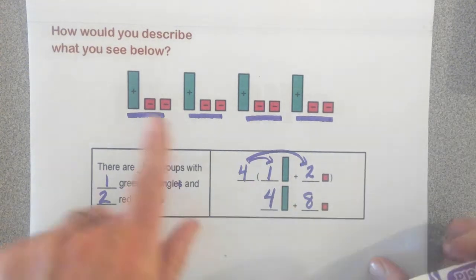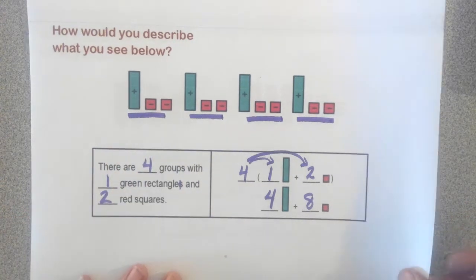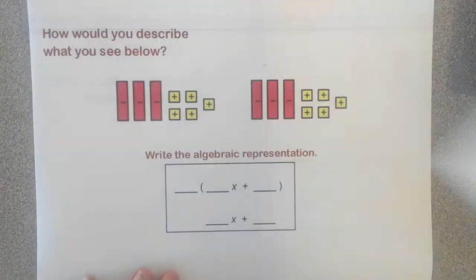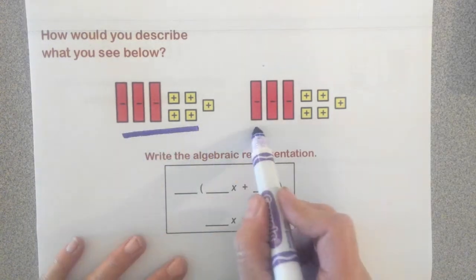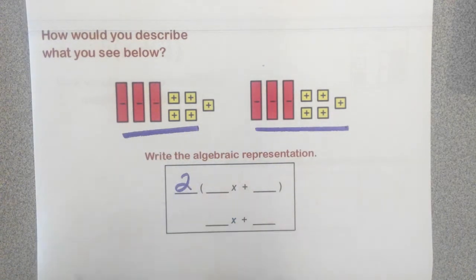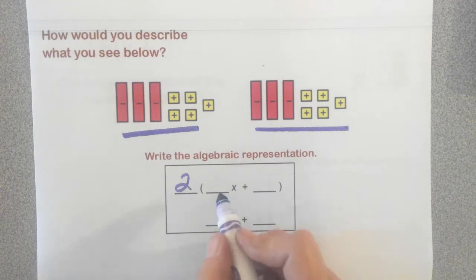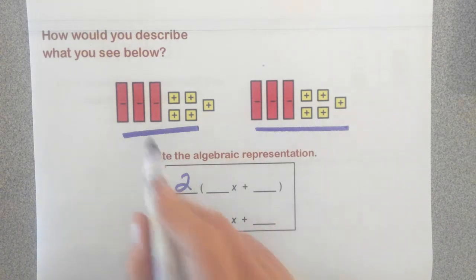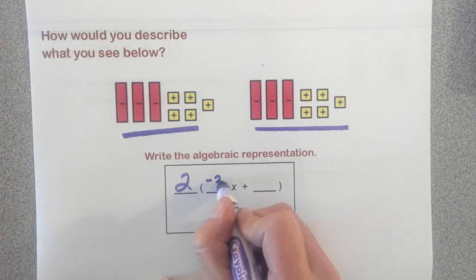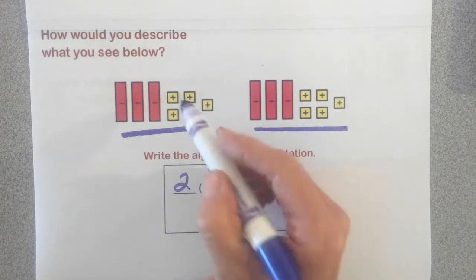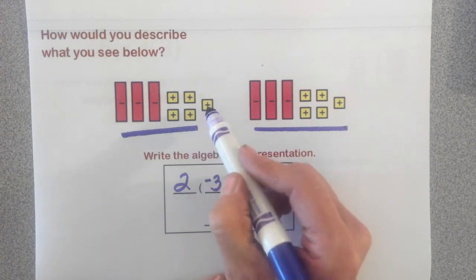Interesting. These look like the X tiles and the unit tiles. Remember the cows and the pigs? Well, that's exactly what they are. So how would we describe what we see here? All right, let's count the groups. Got 2 groups, 1, 2, and there's the same amount in each group. So in my X group, with the 3 negative X's, I'll put a negative 3 by the X. And then my little tiles, 1, 2, 3, 4, 5.